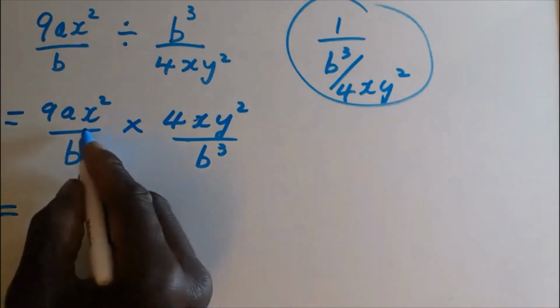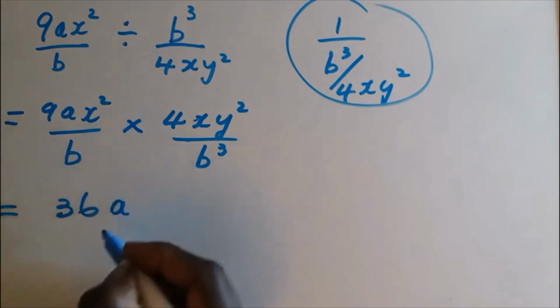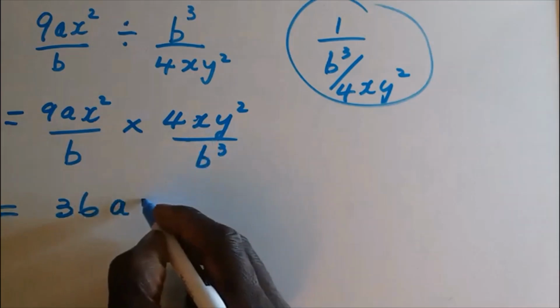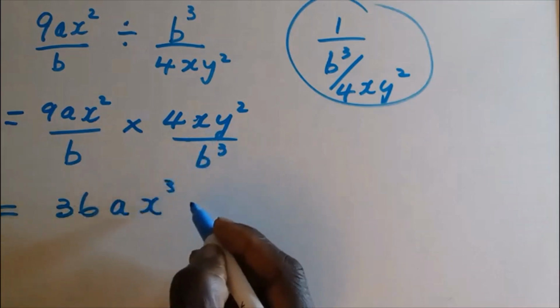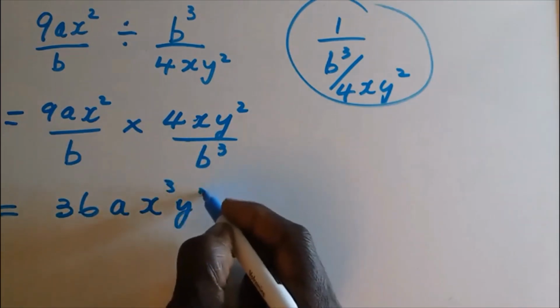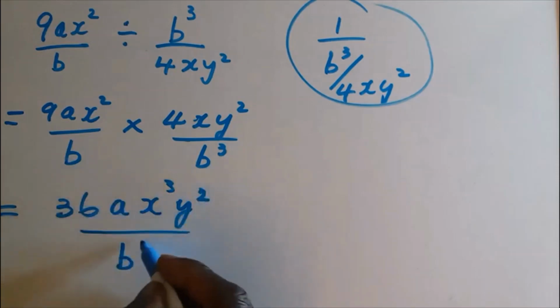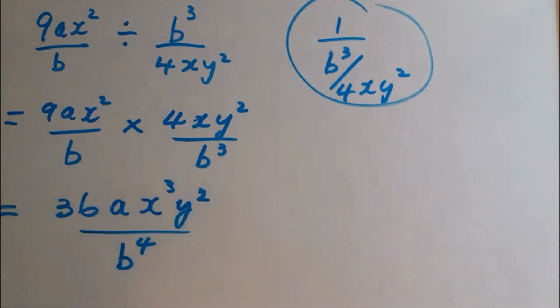We have a on its own. We have x squared, and we have an x here, so that gives us x cubed. And we have y squared on its own. And b times b cubed is b to the 4th power. We do not have anything else to simplify, so this is our final answer.